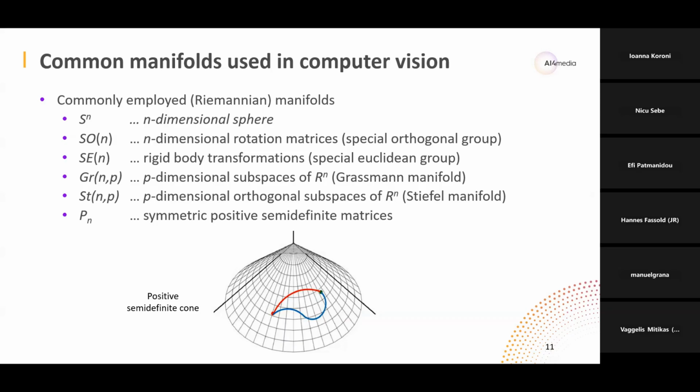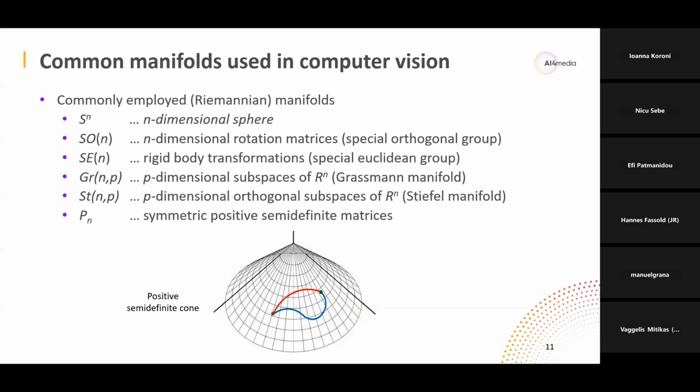Then SO(n), the special orthogonal group, which is the Lie group of n-dimensional rotation matrices, usually in 3 or 2 dimensions. So n is usually 2 or 3. And then you have the special Euclidean group, SE(n), which is also the Lie group of rigid body transformations. So as I said, transformation and rotation.